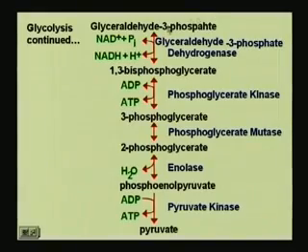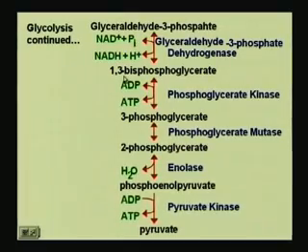Getting oxidized in this case, glyceraldehyde is getting oxidized to form glycerate. What is getting reduced? NAD plus is getting reduced to NADH, and the enzyme is the dehydrogenase. So, we have glyceraldehyde 3 phosphate going to glyceraldehyde 3 phosphate dehydrogenase, and in the event it forms 1,3 bisphosphoglycerate.